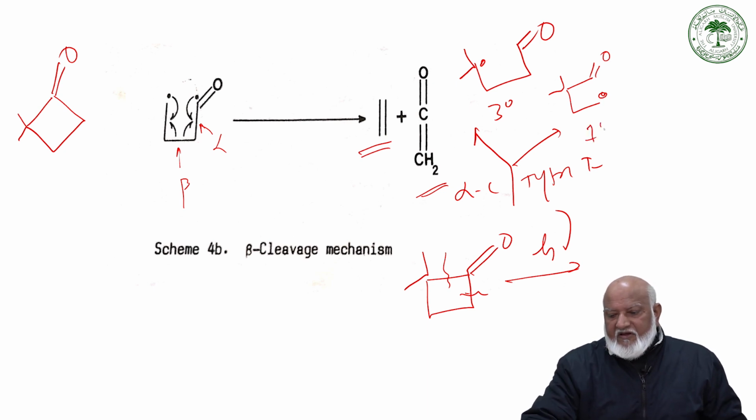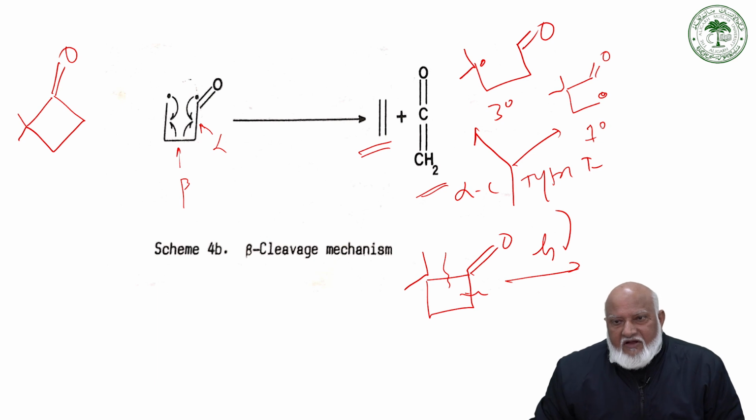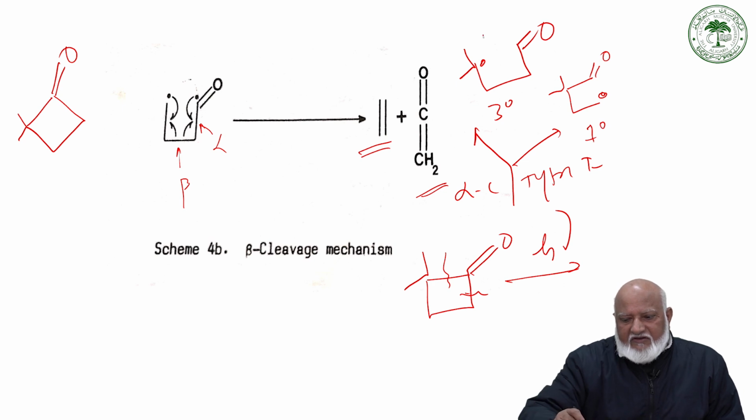Tertiary versus primary: we know that the more stable radicals are formed in the reaction, which leads to the product. So this is going to form and this is not going to form.